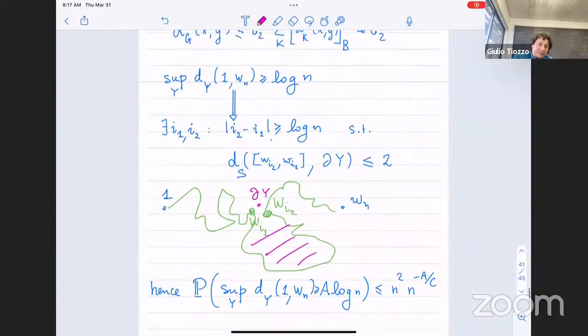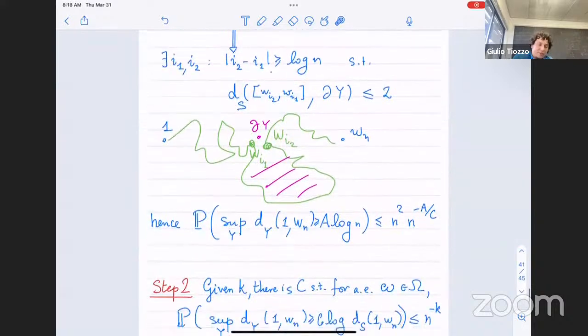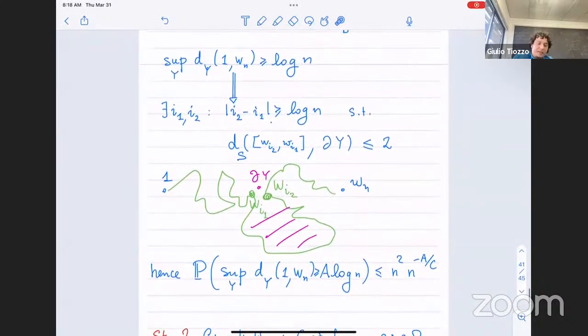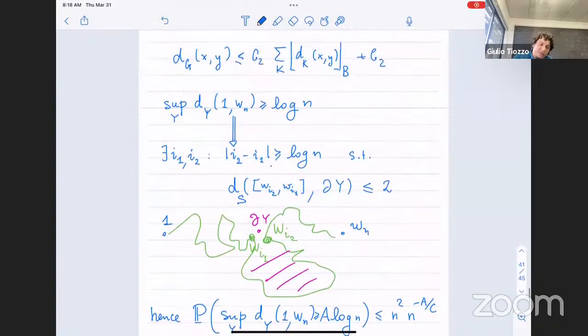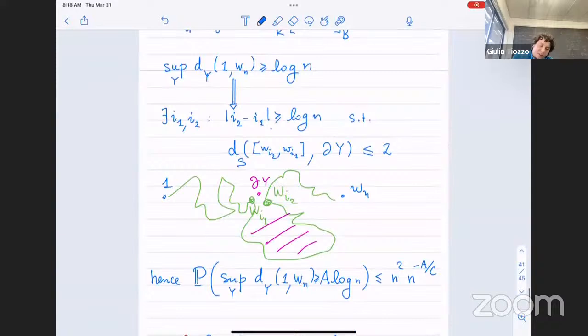And so in the end, what are you gonna do? If I fix these two, I1 and I2, I can estimate the probability that the distance between W_I1 and W_I2 is bigger than log n.